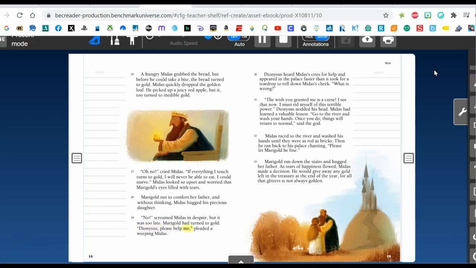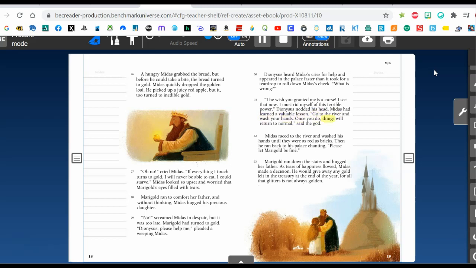"Dionysus, please help me," pleaded a weeping Midas. Dionysus heard Midas's cries for help and appeared in the palace faster than it took for a teardrop to roll down Midas's cheek. "What is wrong?" "The wish you granted me is a curse. I see that now. I must rid myself of this terrible power." Dionysus nodded his head. Midas had learned a valuable lesson. "Go to the river and wash your hands.